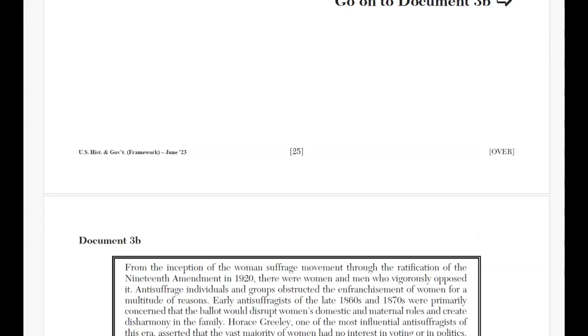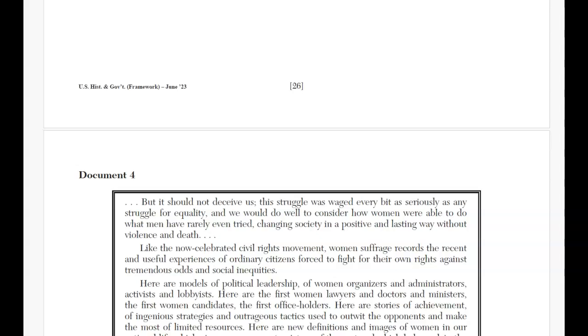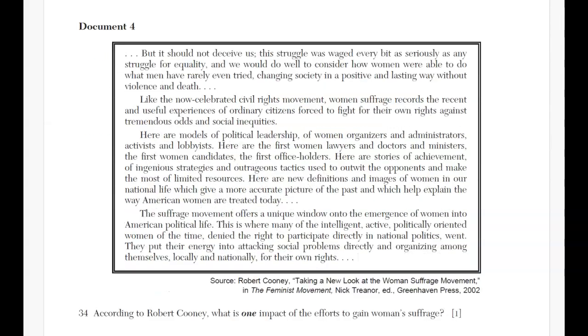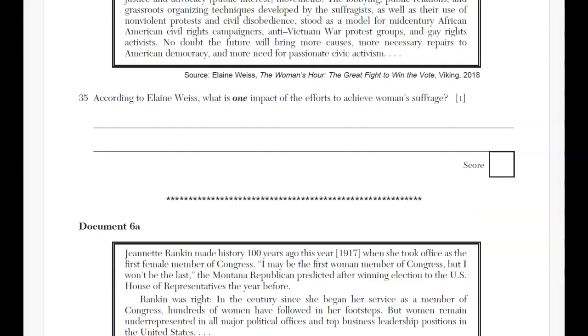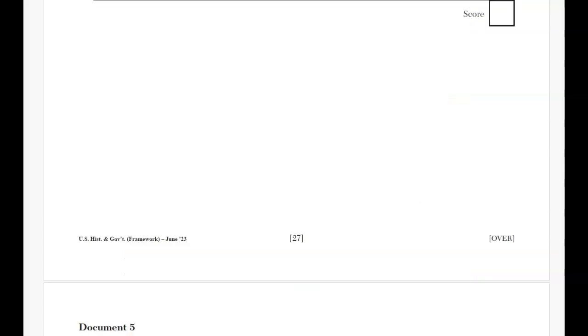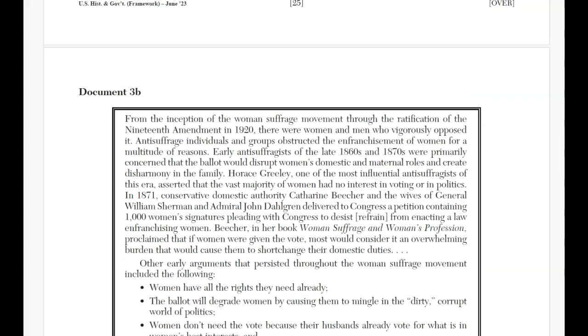You could talk about, pull down here, document 4. Is it document 4 I want? Hang on.